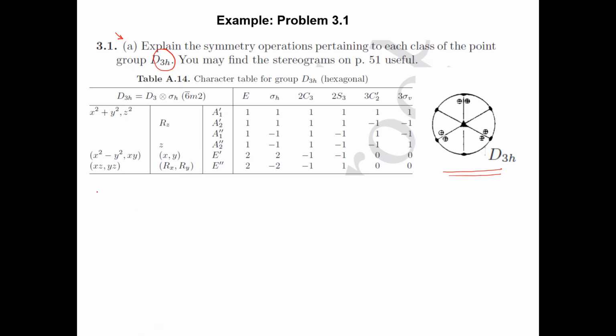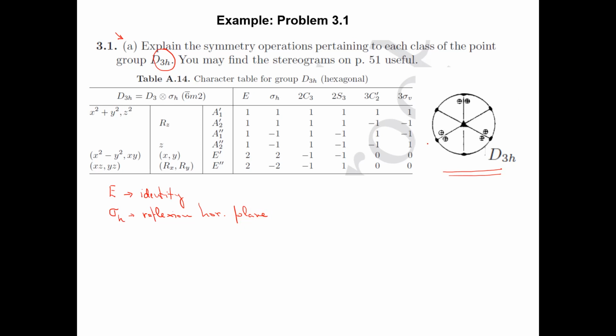So basically it wants us to write down what are the different symmetry operations of this group. As we know, E is the identity. What else? Sigma h. Sigma h, as we've seen, is a reflection on the horizontal plane. Let's see here in the stereogram.